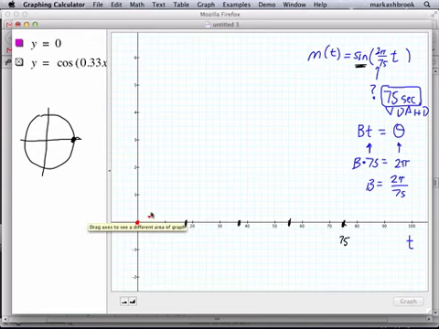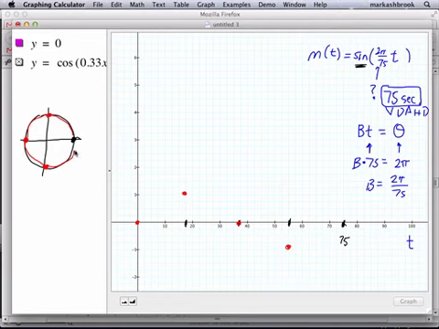After a quarter circle, what's our vertical distance? 1 in radius lengths, right? Next quarter circle, now what's our vertical distance? Back to 0 again. Next quarter circle, 3/4 of the way around, vertical distance above the horizontal diameter, -1. All the way around, vertical distance above horizontal diameter, 0.